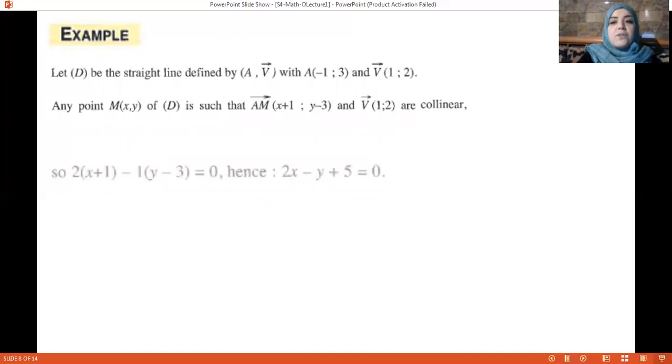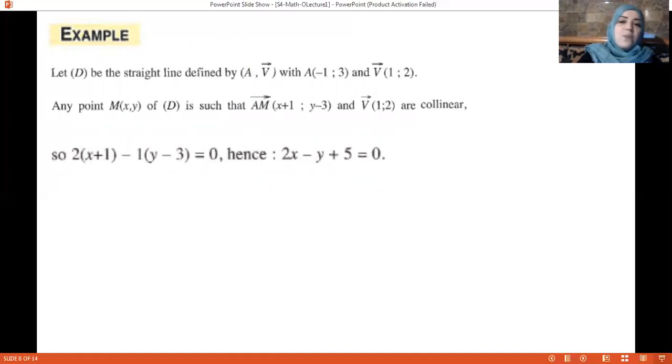You are just going to make xy prime minus yx prime equals 0, as you see. You expand it, and this is the form. That's it. You just create the vector AM and V, and you apply the collinearity rule, and you will get the reduced form.